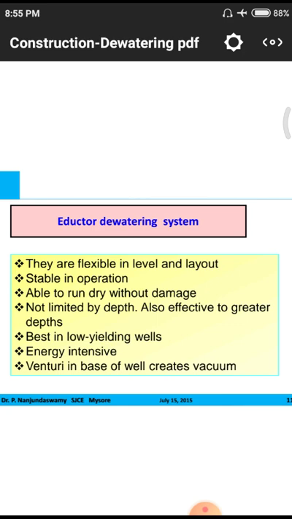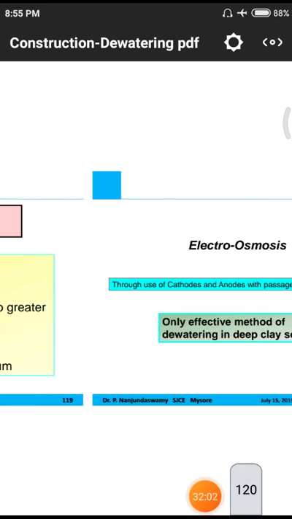Because we are using a small scale pump at a large depth, so it uses a huge amount of energy for dewatering purpose. Next one, venturi in base of the well creates vacuum. Venturi means a pressure creating equipment, so that it automatically creates a huge amount of vacuum pressure.